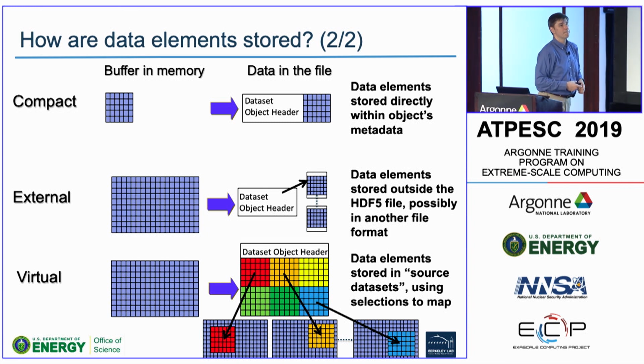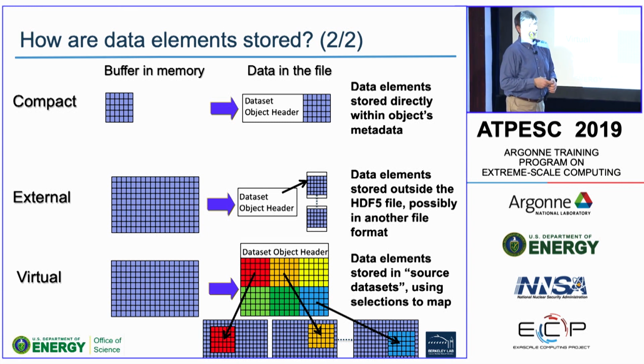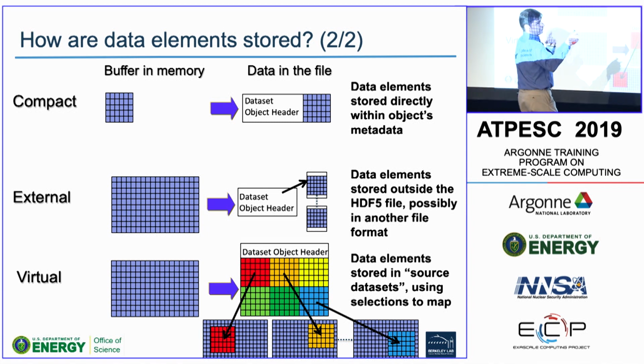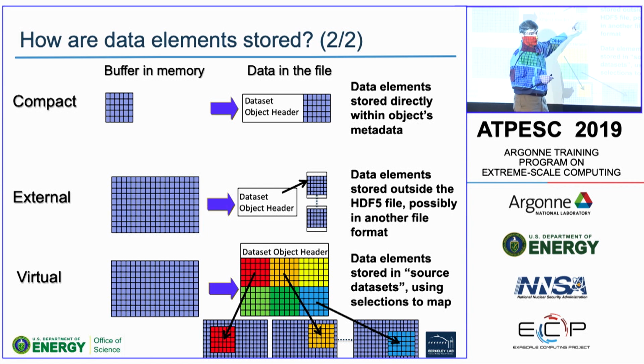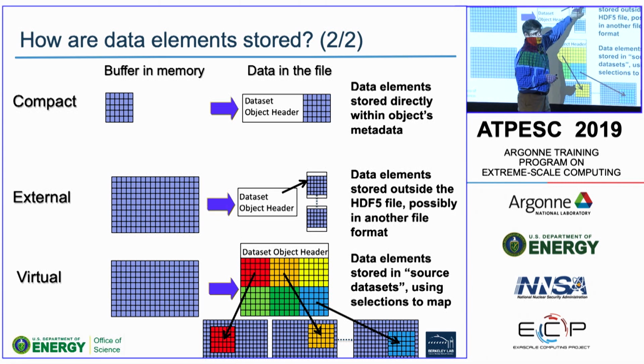Yes, sir? Can you merge different files together? Well, you can do that. The description in the object header can incorporate multiple files as places in the data set. So you could have any number of files that we refer to from within the HDF5 data set and say, hey, offset 72 to 1006 were these elements in the data set, and in file number 2, offset 3000 to whatever.